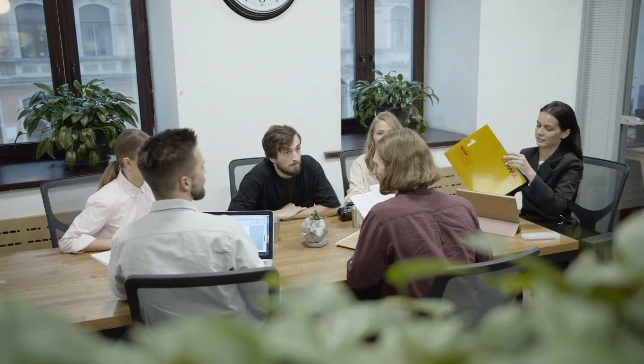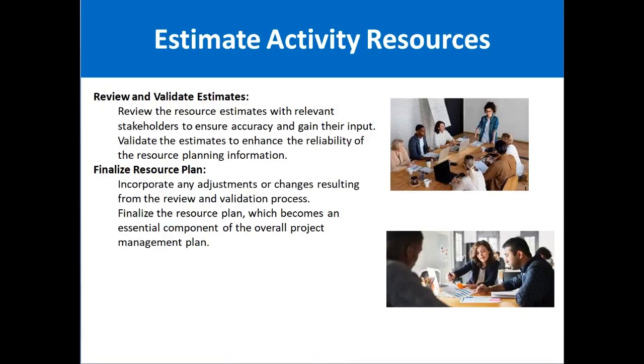For example, suppose you estimate that 10 resources are enough for a project, however the senior resources say that 2 to 3 more resources are required. You must consider their feedback, and if you can accommodate it, you must accommodate it.